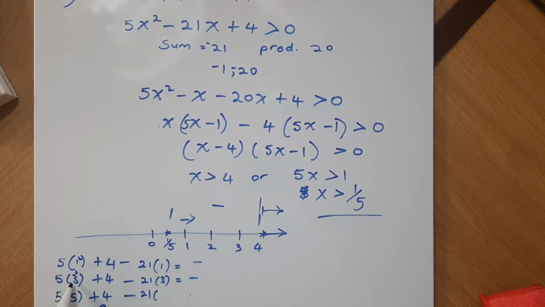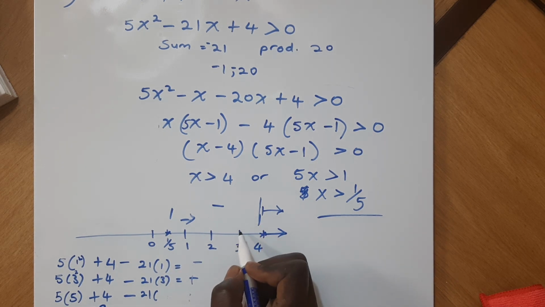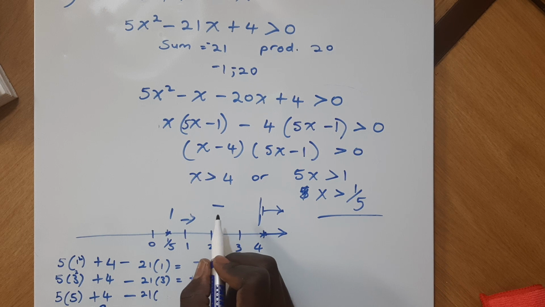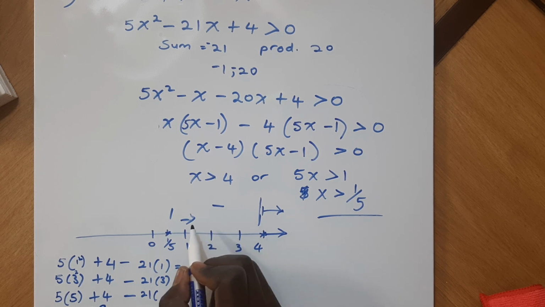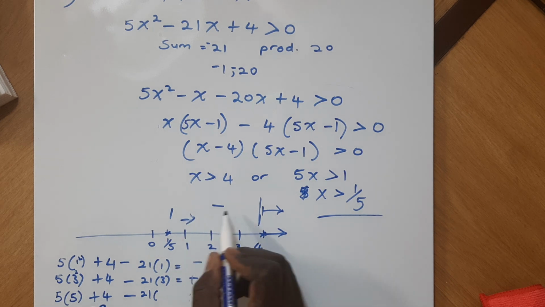This was still negative. 5 times 9 is 45 plus 4. Okay, pardon me, correction. This is a square. 5x squared plus 4. So this would be plus. It's a plus here. So after 1, greater than 1, it's a plus.